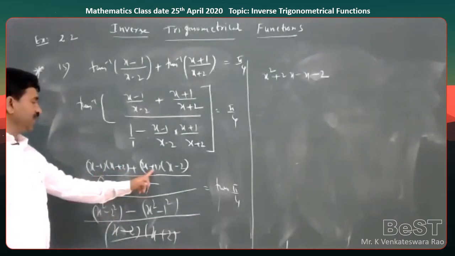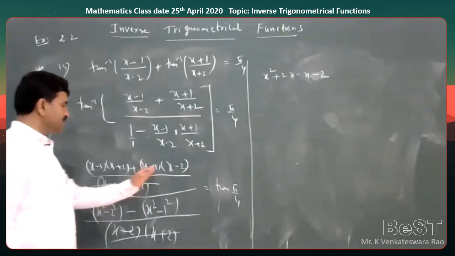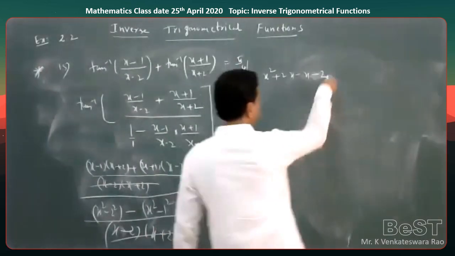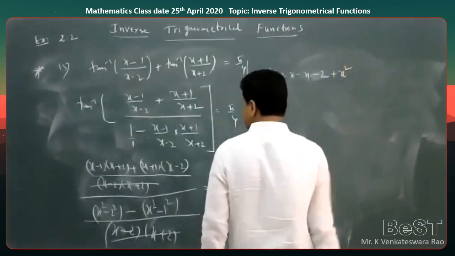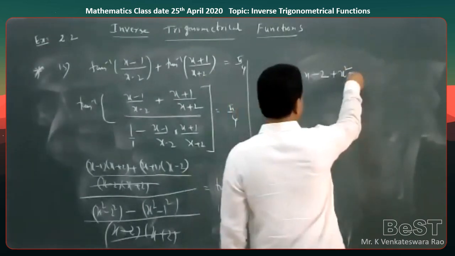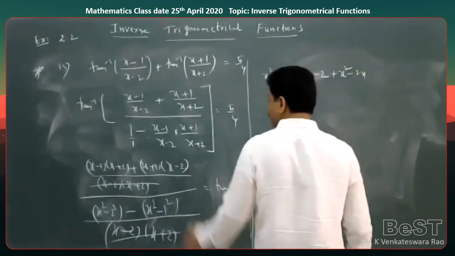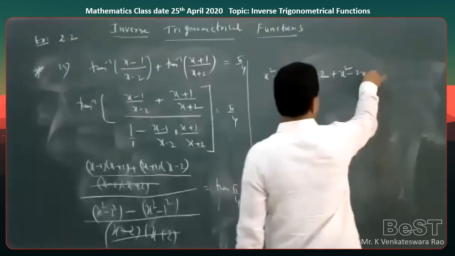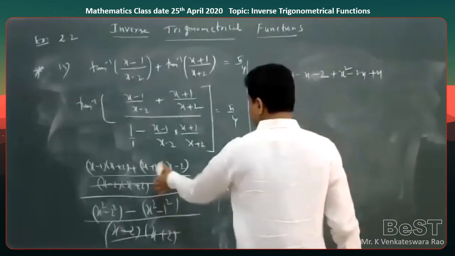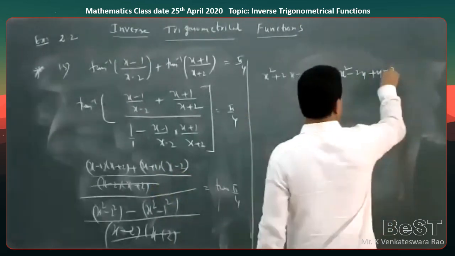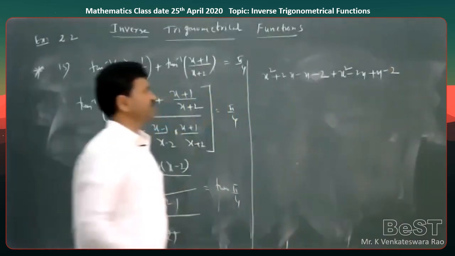Here also the same: x into x square, minus 2x, plus x, plus 1 into minus 2. Do it carefully, that's all.